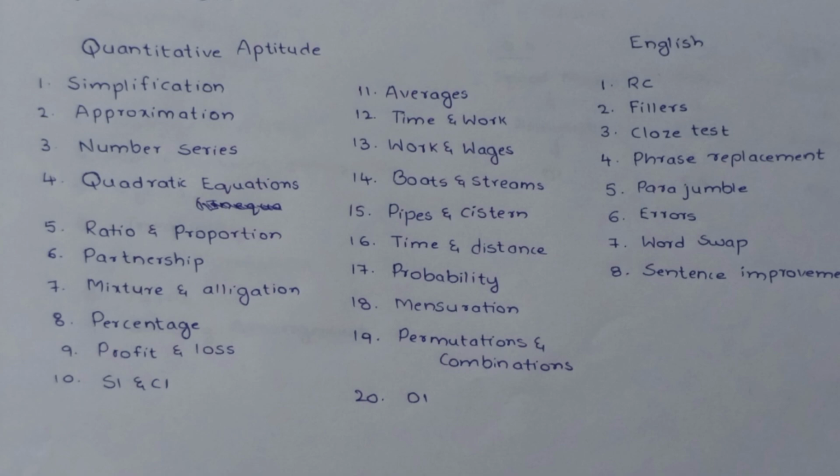We have sentence rearrangement, sentence improvement, word swap. We have reading comprehension, cloze test, fillers. So this is the syllabus for prelims. And in mains we have syllabus which includes all these topics, and we have some additional topics as well that I'll discuss later.